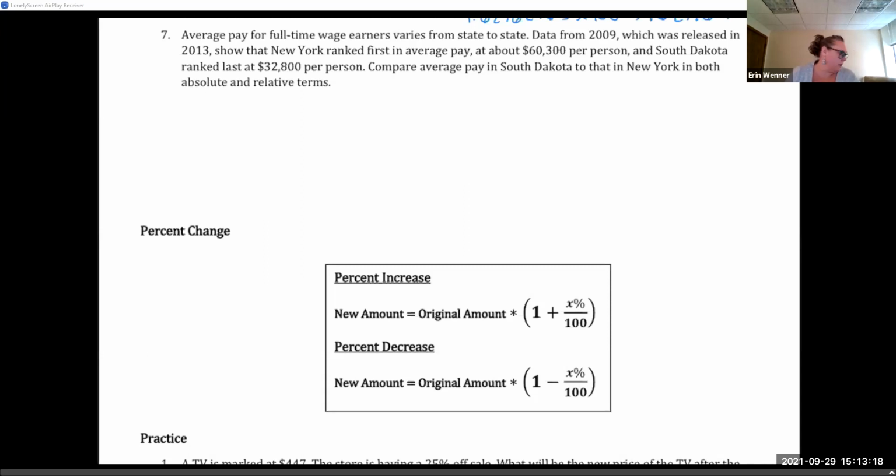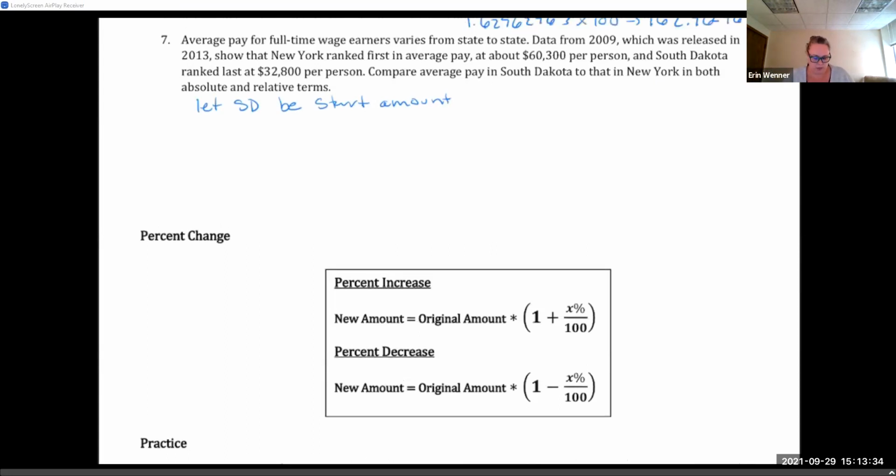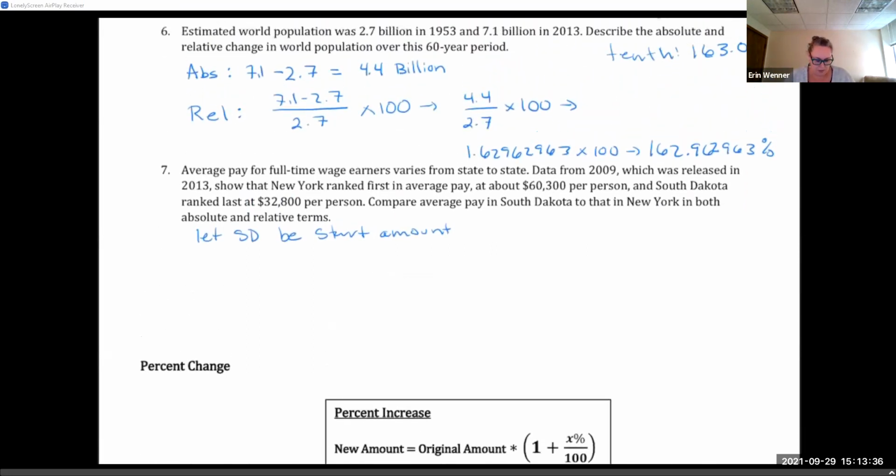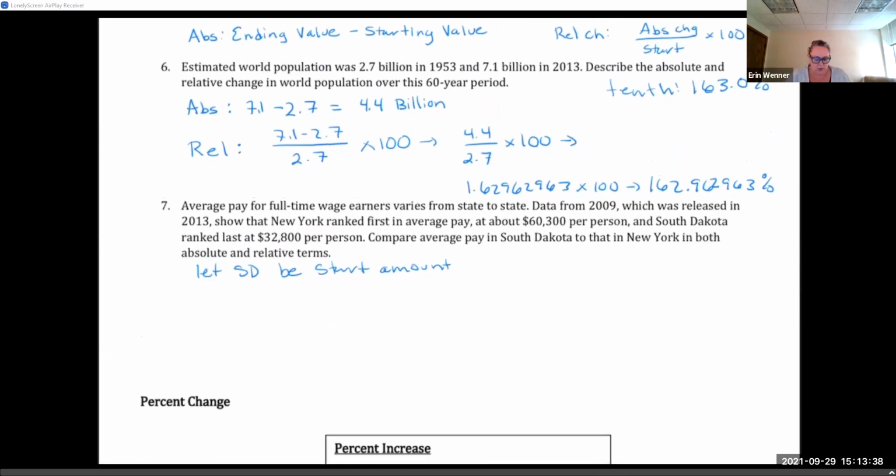So we're going to let South Dakota be your starting amount. So we're going to represent the difference in reference to South Dakota. I'm going to let you think about that. I'm going to let you do the absolute change and the relative change on your own.